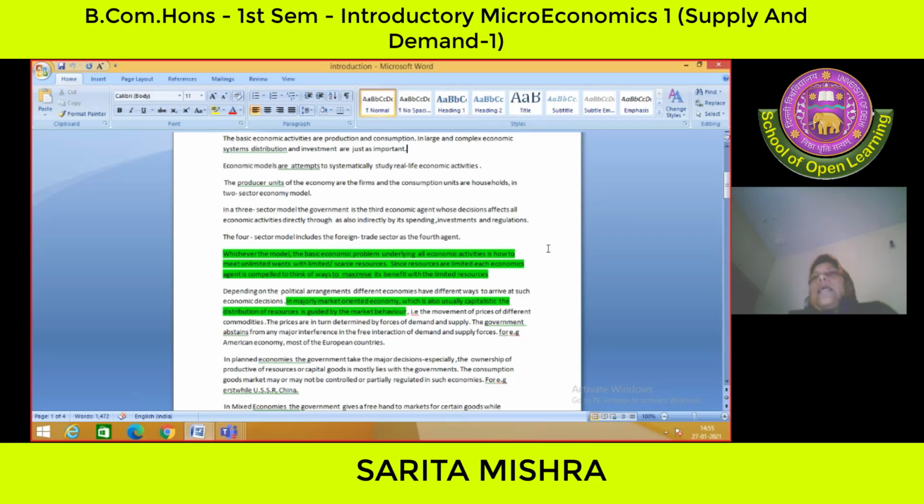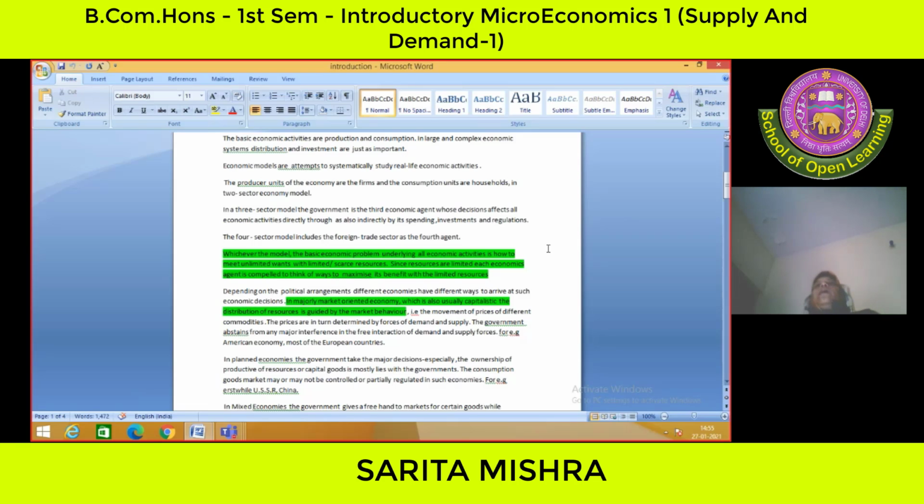Why the government? Because the government may directly participate in the productive process by setting up its own firms, own factories, or it might affect the productive decisions of the firms by imposing taxes or reducing taxes on the final products or the factors of production.